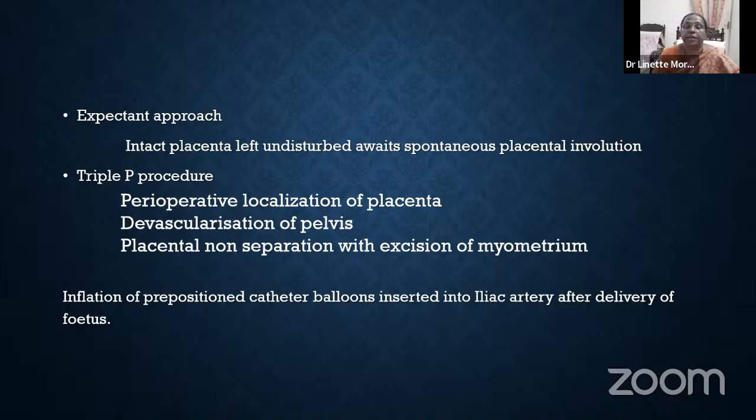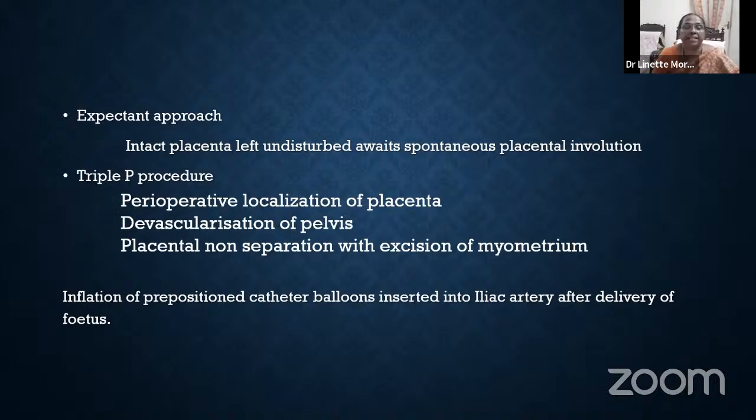But this carries a lot of risk in the form of delayed hemorrhage and infection, which can follow this procedure. Then you have the triple P maneuver, which is perioperative localization of the placenta, pelvic devascularization, and placental non-separation with excision of the myometrium, followed by restoration of the myometrium.